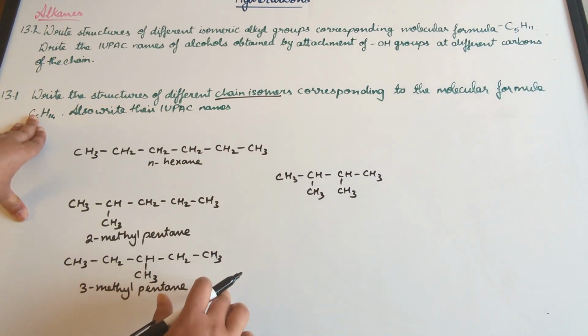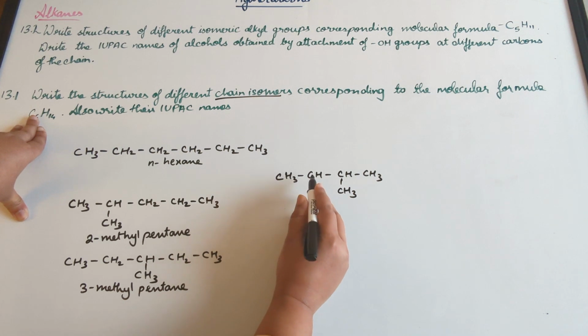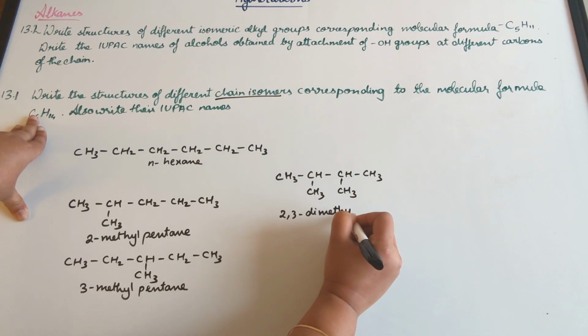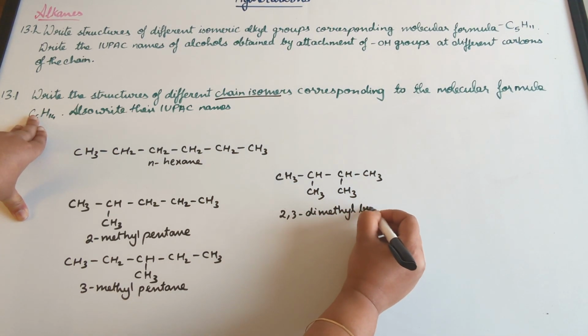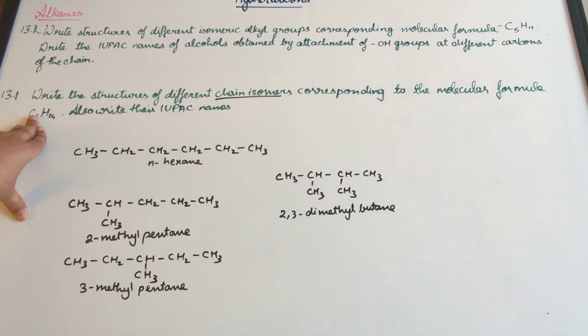Basically, we've changed the 5 carbon main chain to a 4 carbon chain. So that's 2,3-dimethylbutane.